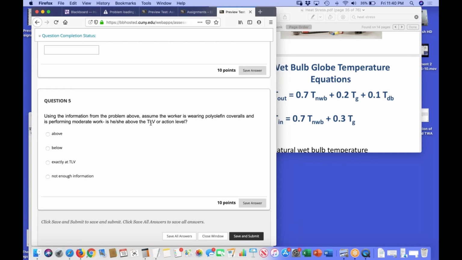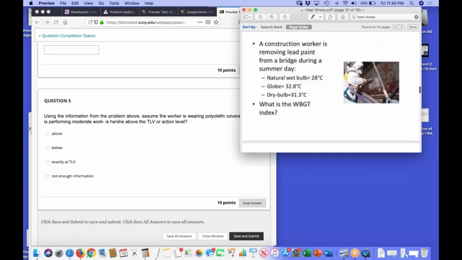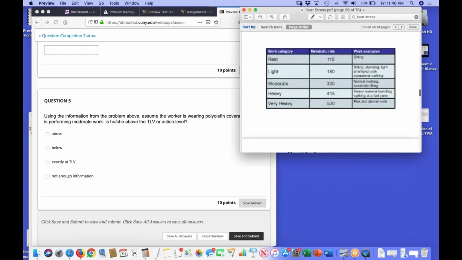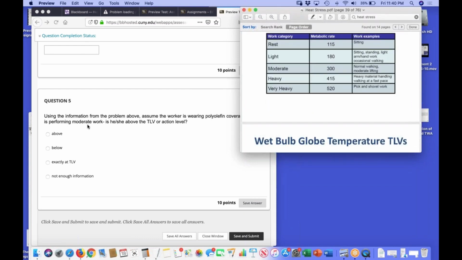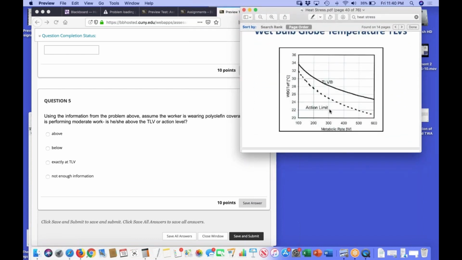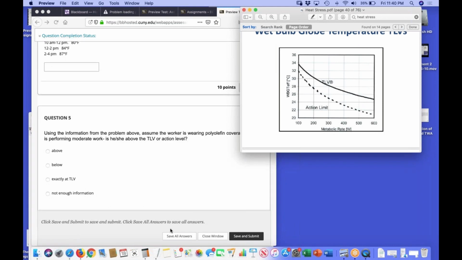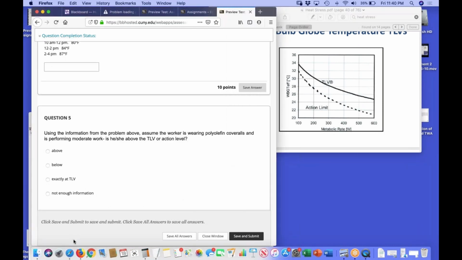Is he or she above the threshold limit value or action level? Let's take a look at that. We have that in our PowerPoint presentation. Our metabolic rate, we said moderate work, so for moderate work, metabolic rate is 300. Well, first we're going to have to do a conversion. We are going to have to convert our 82.25 degrees.